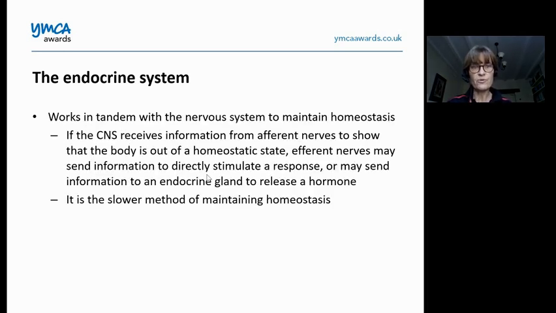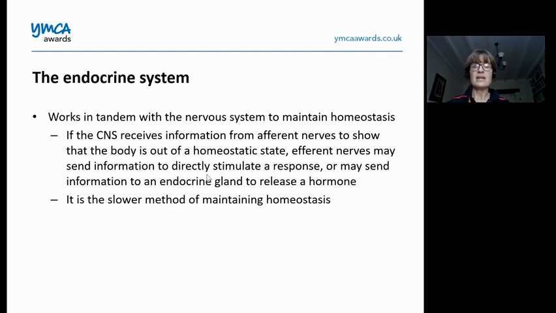I mentioned before that it works very much in tandem with the nervous system. We learned from our last lesson that the central nervous system receives information through sensory nerves that carry information about the internal and external environment. All these messages are then translated within the central nervous system, and then an action will happen.